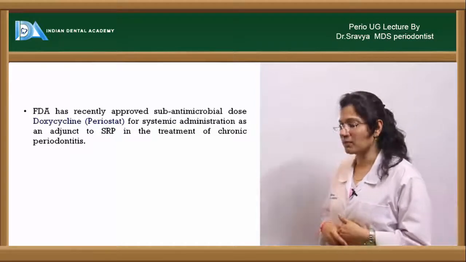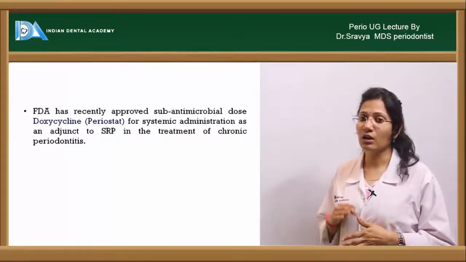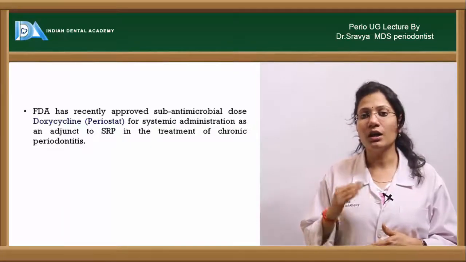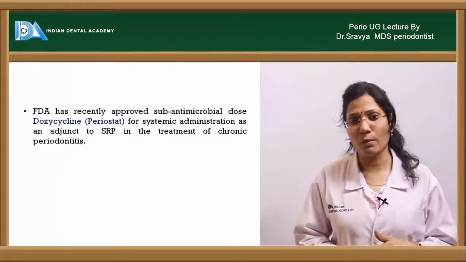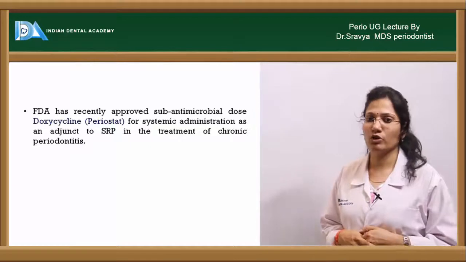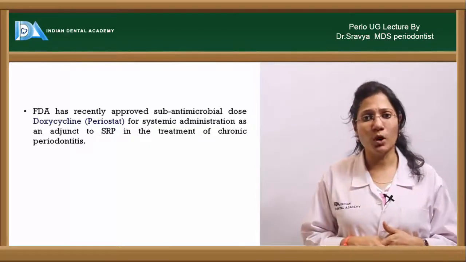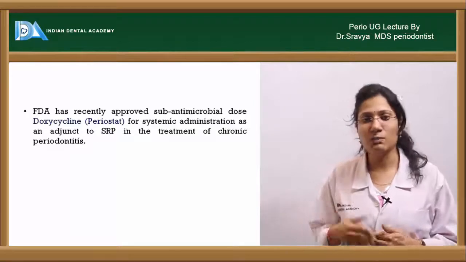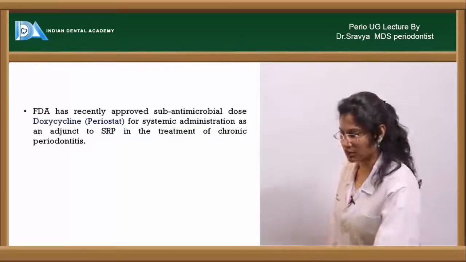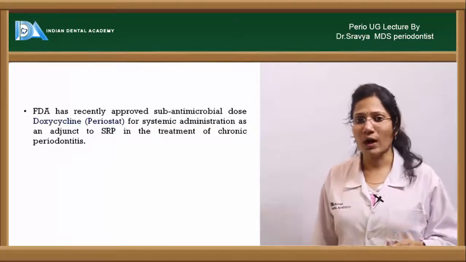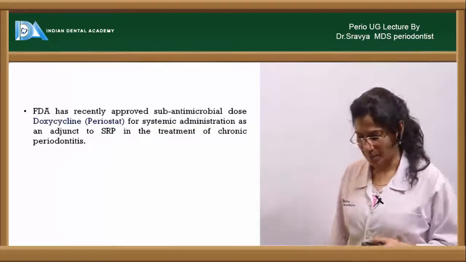This sub-antimicrobial dose will not show any antimicrobial properties. Rather, it will show non-antimicrobial properties, which include the inhibition of synthesis of MMPs, and apart from that, it also blocks the stimulation of your osteoclasts. And then it also inhibits interleukin 1 beta synthesis from your macrophages.